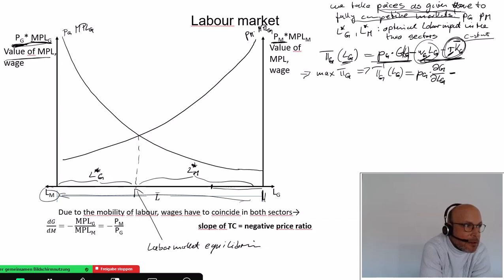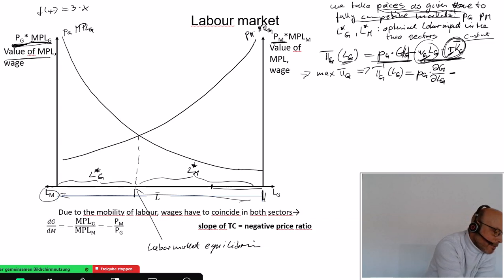F of x equals 3 times x. What is f prime? 3. F of Lg is W times Lg.